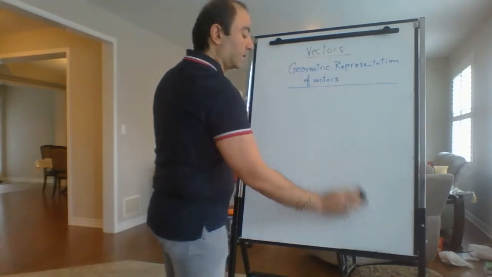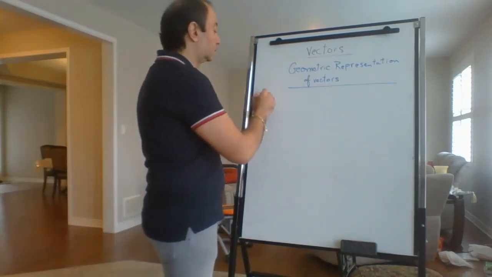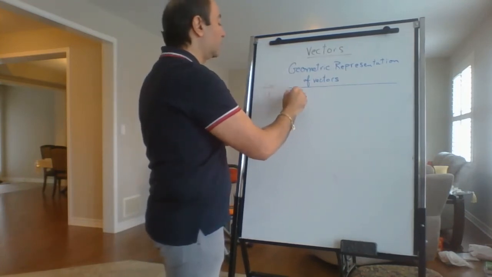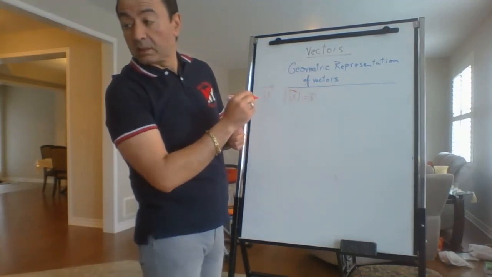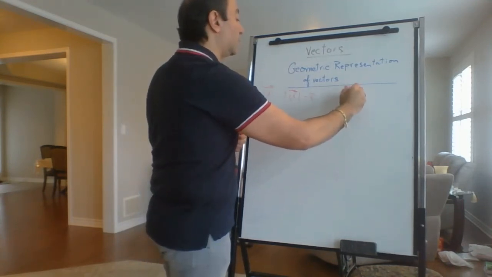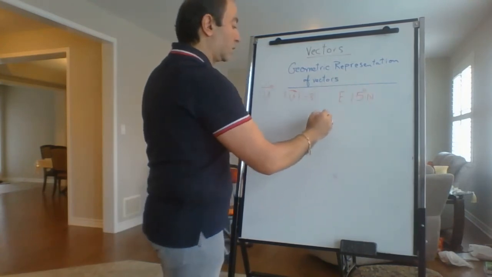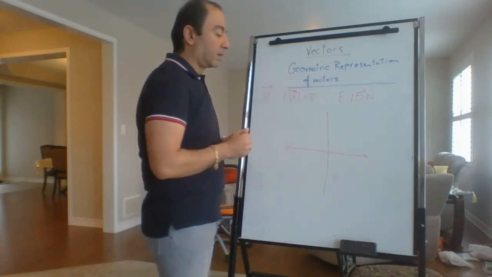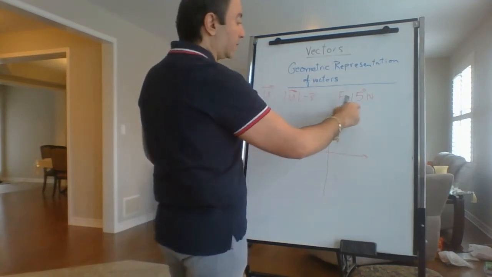Okay, let's say we want to represent vector u, which is having a magnitude of 3 and acting east 15 north. So I need a vector with a length of 3 and the direction is east 15 north.